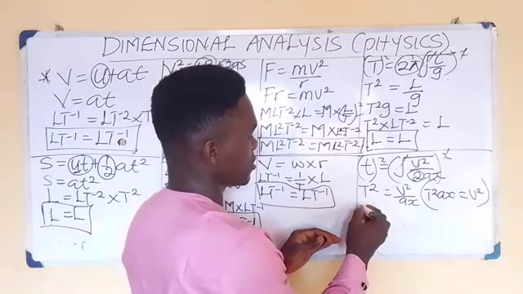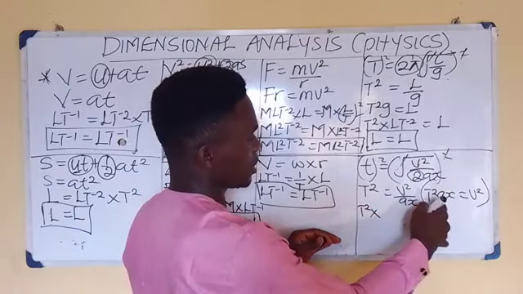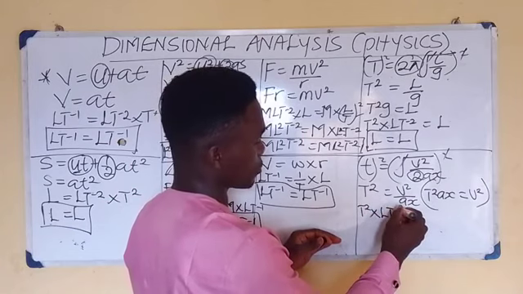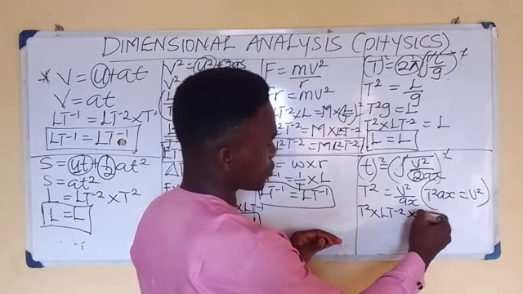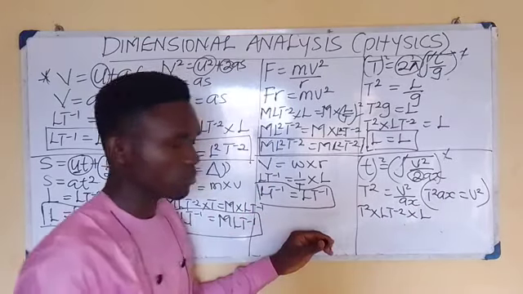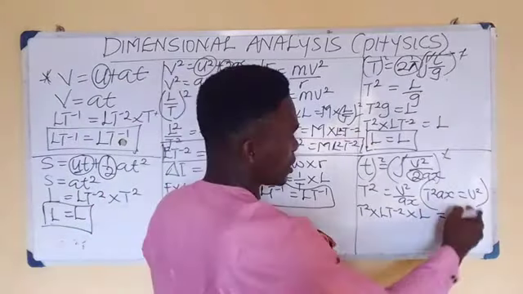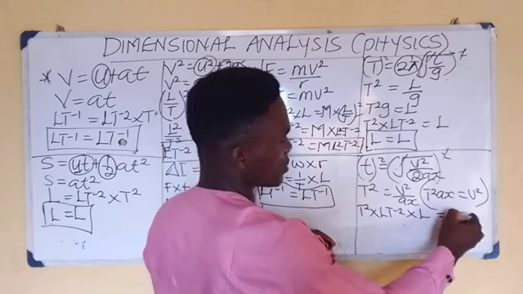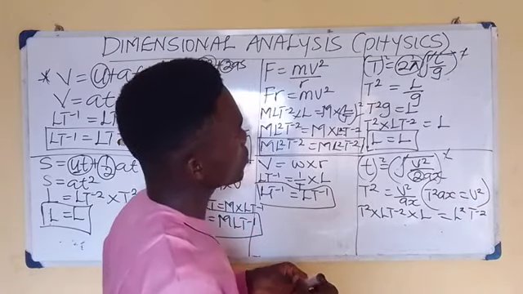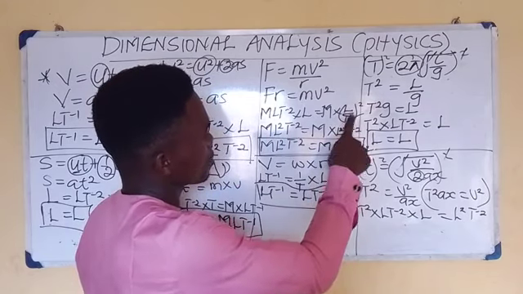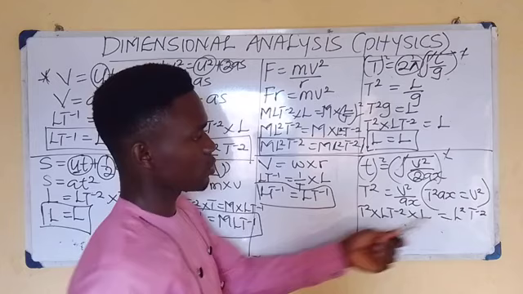So it means that T squared times A is LT minus 2. True or false? True. Times L, which is distance. Hope you are following. Then don't forget that V squared is L squared T minus 2.